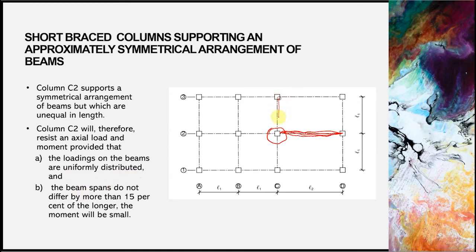Meaning beam ni dia punya load adalah uniformly distributed, jadi dia transfer tu memang uniform transfer. And the beam spans do not differ by more than 15% of the longer, the moment will be small.